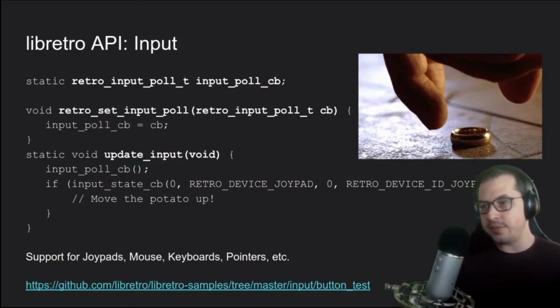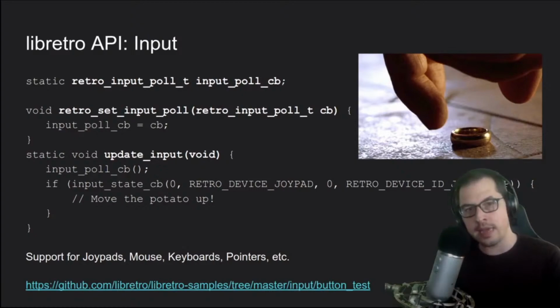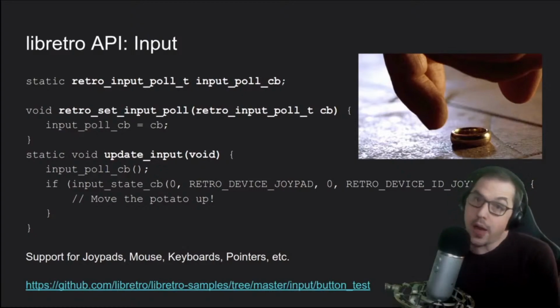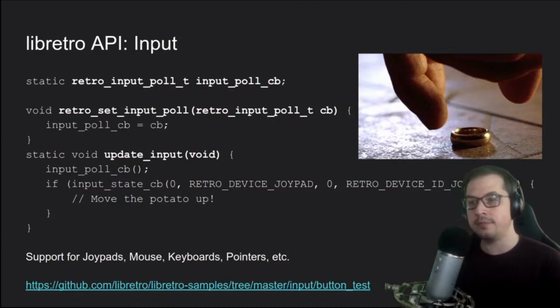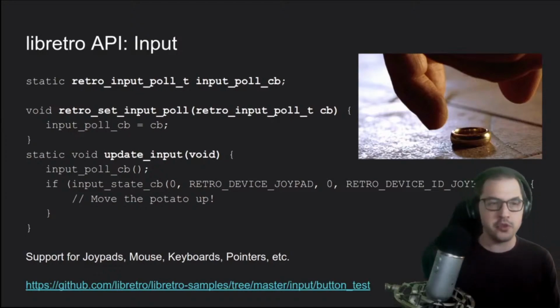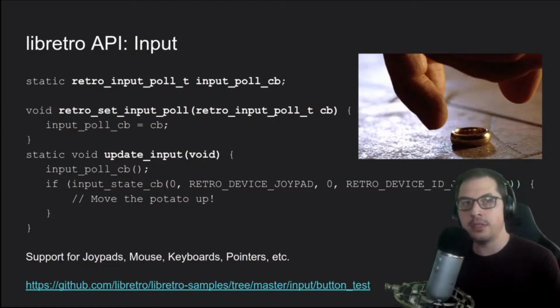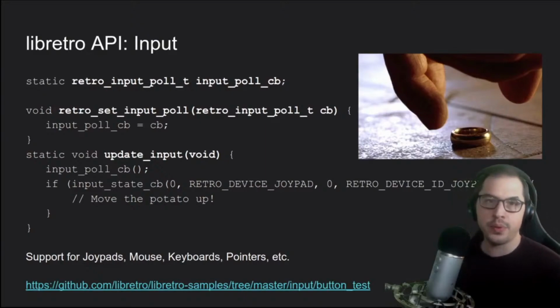In this case, we're checking if the up button is pressed on our gamepad. And if it is, we could do something like move the potato up, which is very exciting. All LibRetro cores support joypads, the mouse, keyboards, touch pointers as well. So really cool.